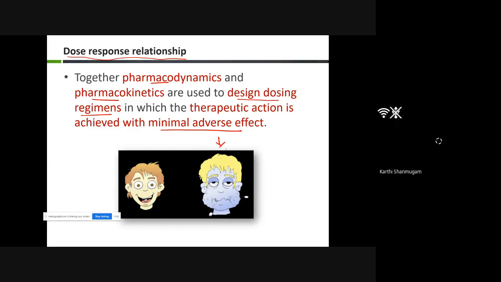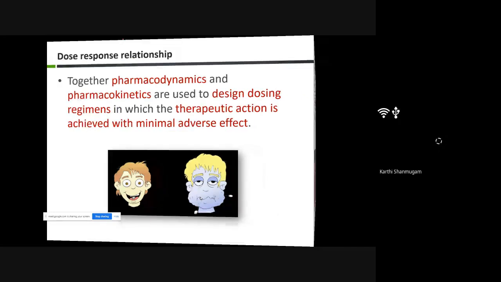Even if you take aspirin or paracetamol, those molecules will have some amount of toxic effect. The primary idea is that the beneficial effect should be very high compared to the adverse effect, and the adverse effect should be as minimal as possible. That is what we study under the dose response relationship.